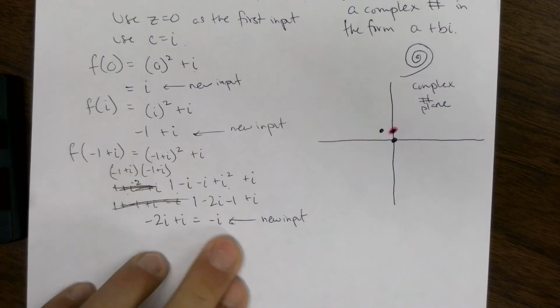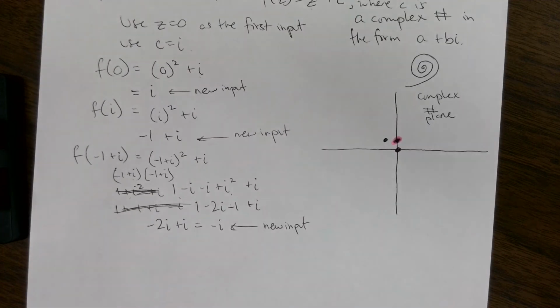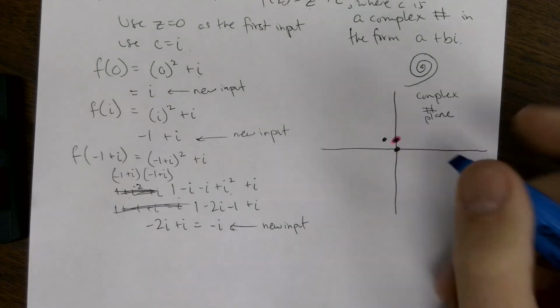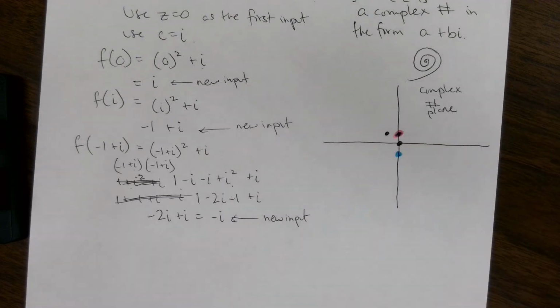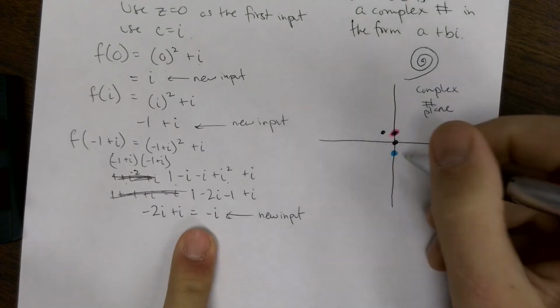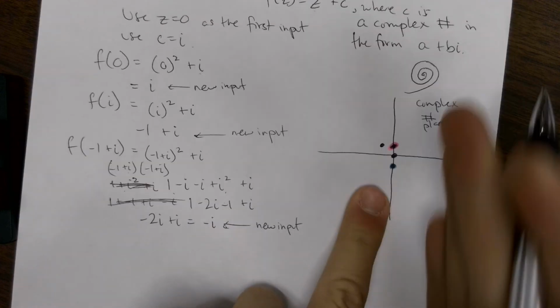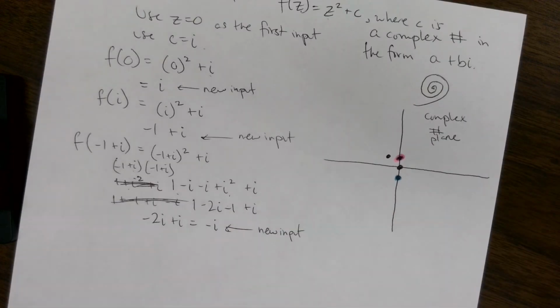And then the new output would be negative i. So I'm going to graph that. And again, that's color coded. So you see how this is working? So then the new input, negative i, I'll graph that. This then would also have a new output. So I'd graph the output with a color.